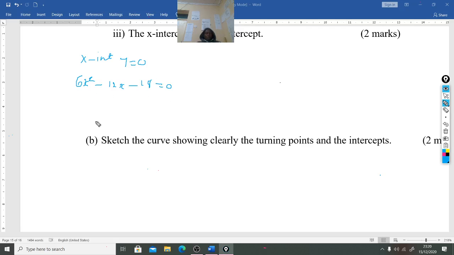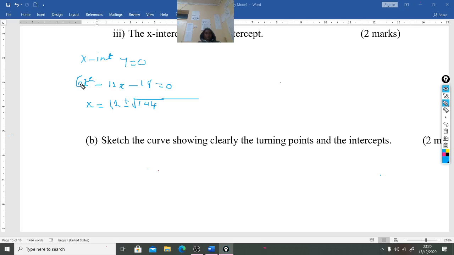This is a quadratic equation. I can use the formula method. x will be equal to negative b, so minus 12 becomes positive 12, plus or minus the square root of b squared, which is 144, minus 4ac.